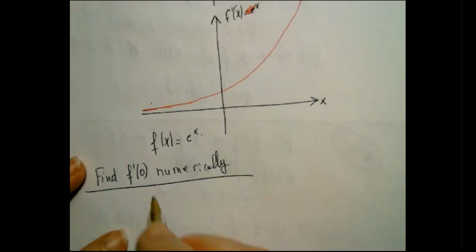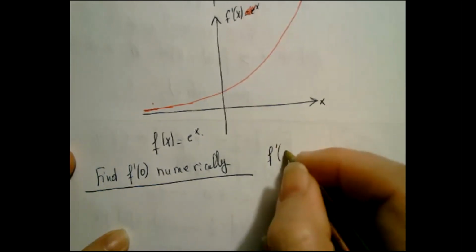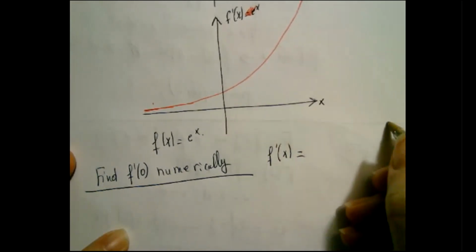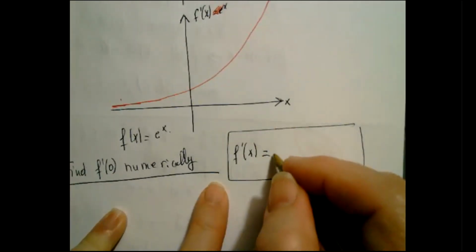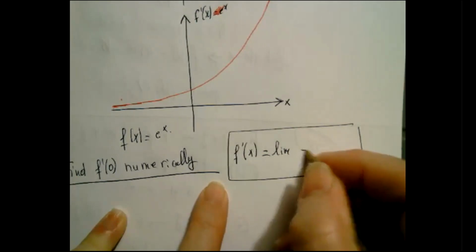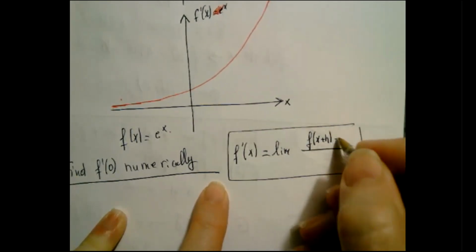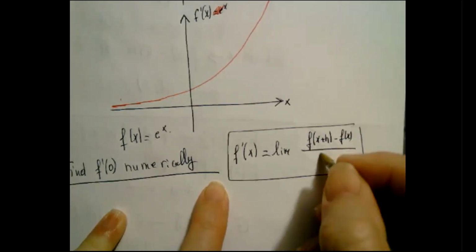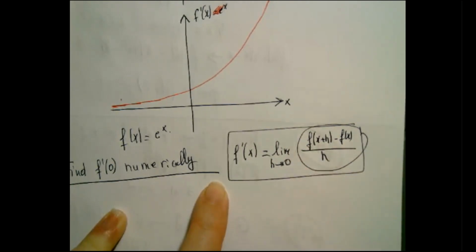So what is f prime? Let's remember the formula. F prime for any x, because once we start learning those rules, we forget the formula, which we will not allow. What's f prime of x? It's the limit of f of x plus h minus f of x over h, the slope of the secant line, as h goes to 0.